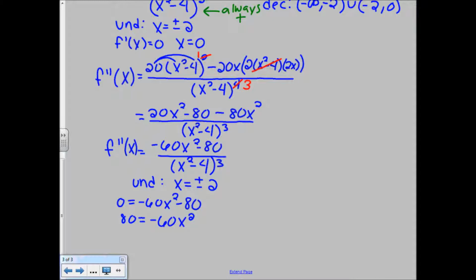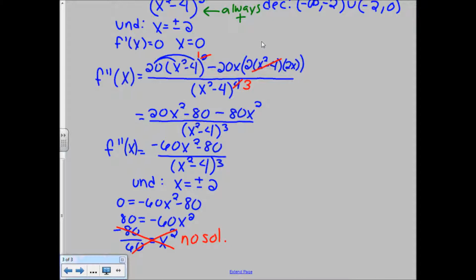When we divide by negative 60, we get negative 80 over 60 equals x squared. Which actually we don't even have to keep going from here because now we have that x squared equals a negative number, which can never happen because a number squared always has to be positive, so we actually have no solutions here.